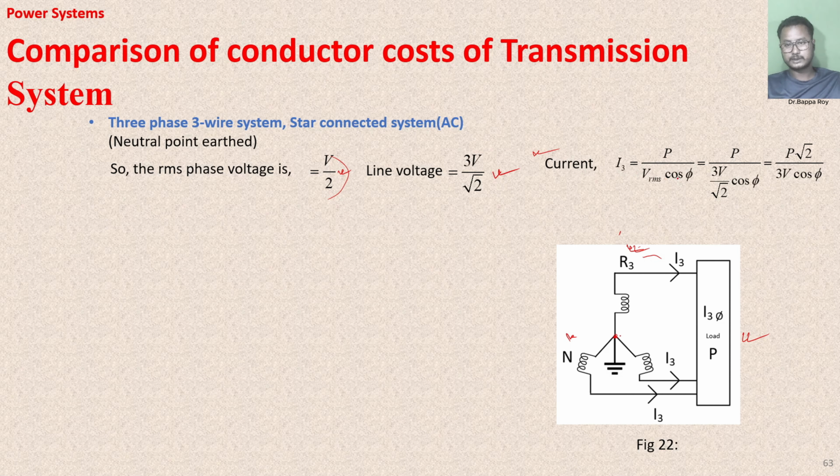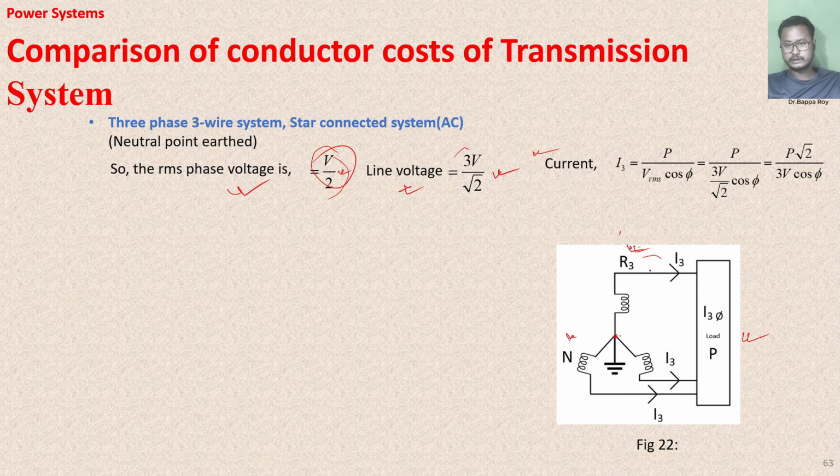We are just putting the value of VRMS. Line voltage, P by 3V by root 2. We got it here also. The RMS phase voltage is V by root 2, so line voltage 3V by root 2.